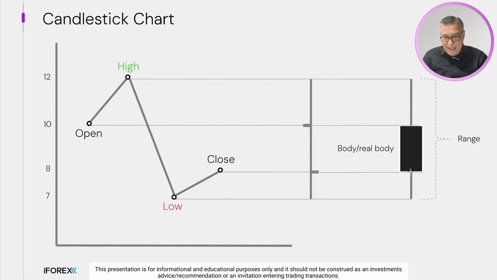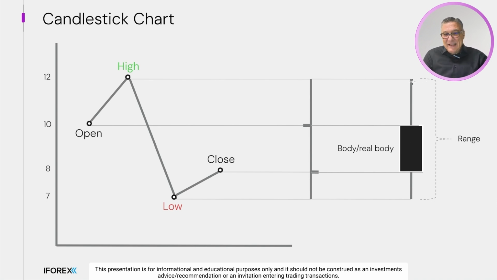Similarly, on a candlestick chart, the high and the low are situated at the highest point of the vertical line of the upper shadow in candlestick terminology, and the low price is shown at the bottom of the lower shadow. Now, since the close price is lower than the open price, then it implies that there are more sellers than buyers, and that may be shown with a black body, with a black real body, right?